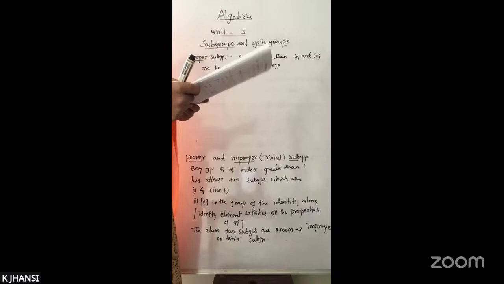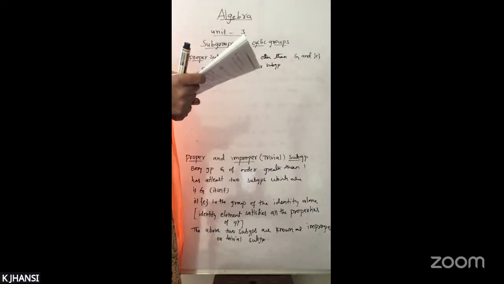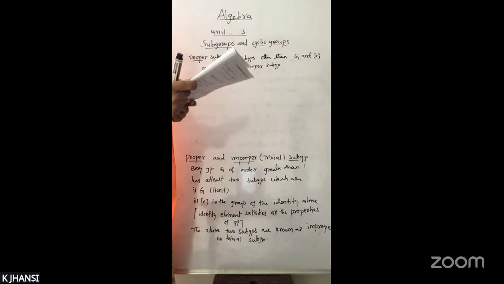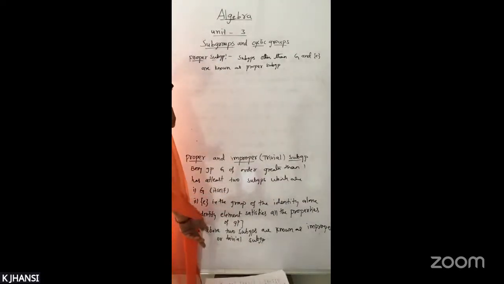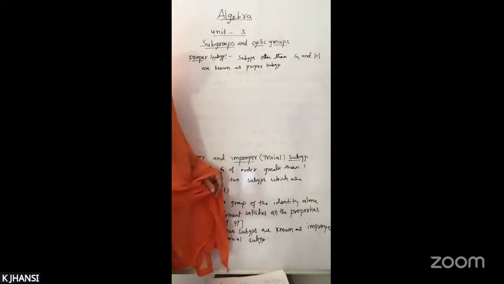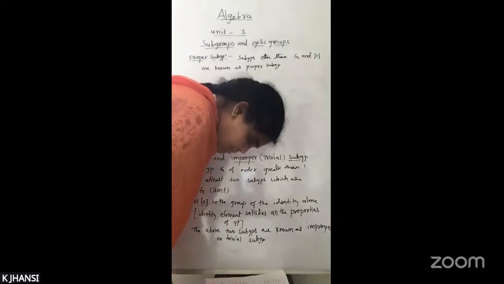Next we have one note: if any subset of the group G is a group for any operation other than the composition of G, then it is not called a subgroup of G. To become a subgroup, it should compulsorily satisfy all the properties with respect to the given operation only. That means if it is the plus operation, then it should satisfy all the properties with the help of the plus operation. Then only H is called a subgroup of G. Okay. So that is given in this note.